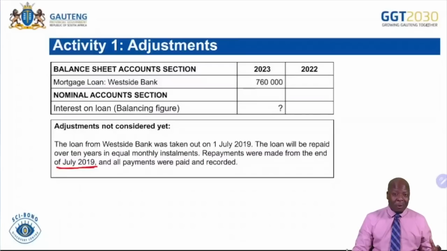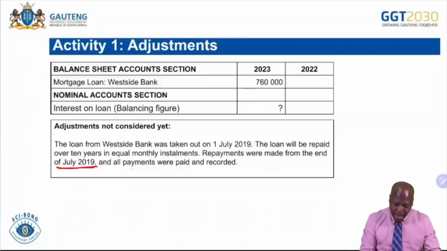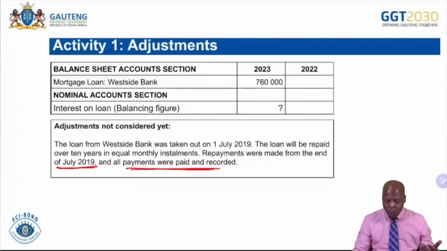So we don't owe for the loan. All right? And all payments were paid and recorded. So they're trying to tell us that we have been making payments right from the first day we took the loan. Okay, let's begin, and we want to see what we are required to do here.